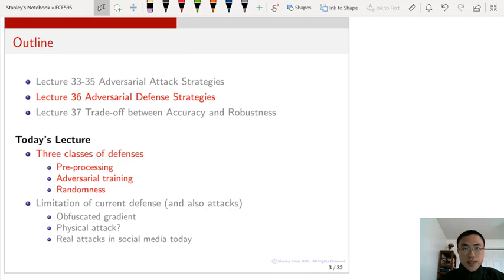Specifically, as I said, we're going to talk about a method called the obfuscated gradient or gradient masking. And then we're going to ask the question, can we actually launch attack in physical space? Something that you have seen in the introduction of adversarial attack, but we want to go a little bit deeper into asking whether it is actually possible to do a physical attack.